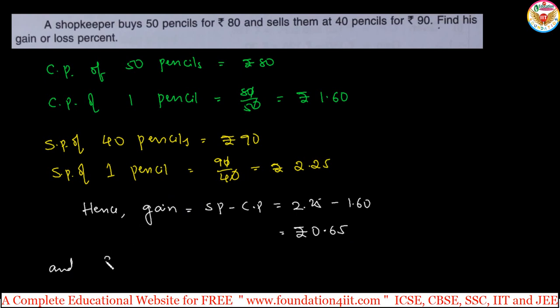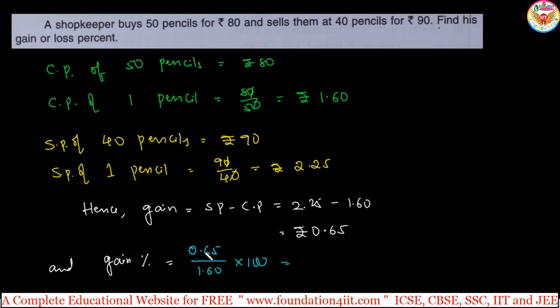Gain percentage formula is gain by cost price into 100. So gain is 0.65 by cost price. Cost price also we take only for one pencil, not total, because I am calculating the percentage for one. This can be applied to the total overall percentage. So 0.65 by cost price 1.60 into 100.